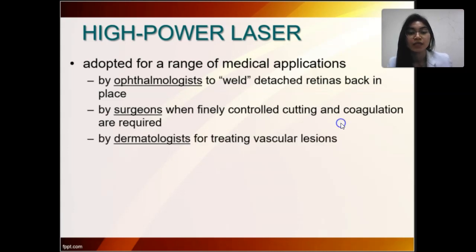And then by the dermatologists for treating vascular lesions. Pero hindi tayo under ophthalmologists, surgeons, or dermatologists. So dun tayo mag-focus, kung paano natin or how do we use laser. But definitely not high-powered ones.